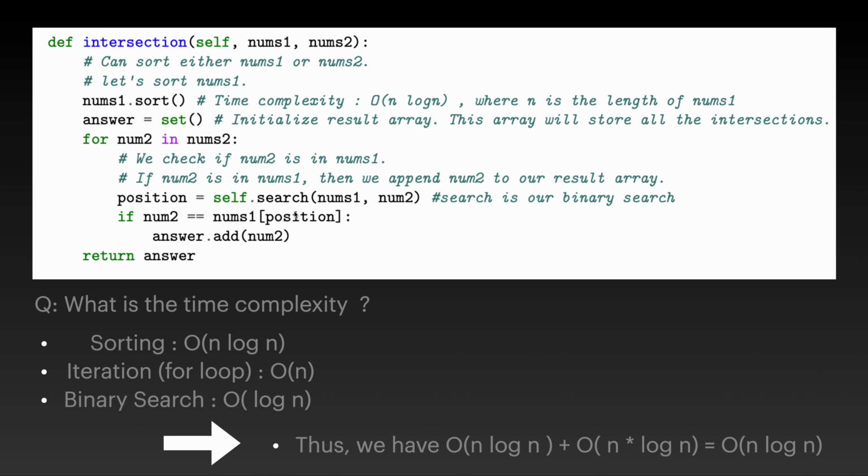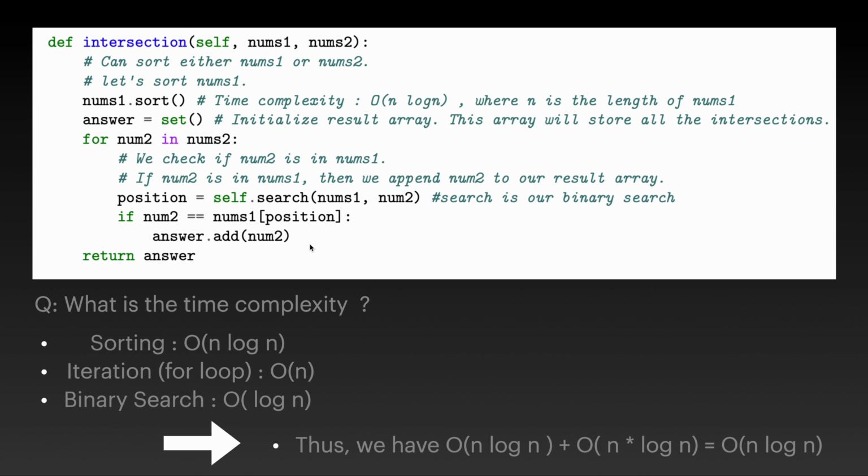Anyway, you apply the binary search and you return that index as a position. Now you can check whether num2 is equal to nums1 at that position, right? And if they are equal, then we add this num2 to our answer. And so that's what we will be doing.